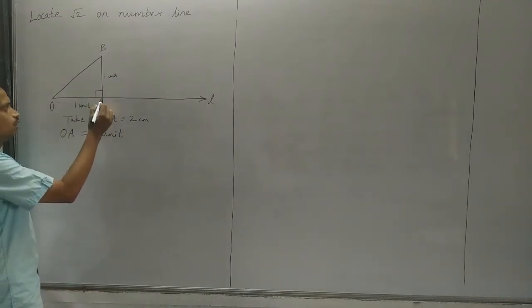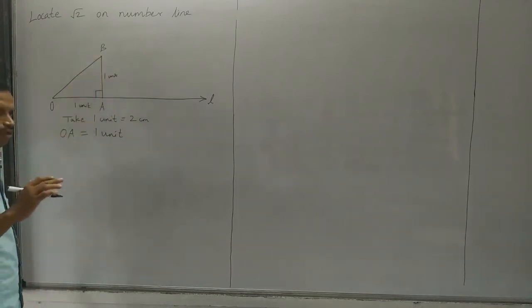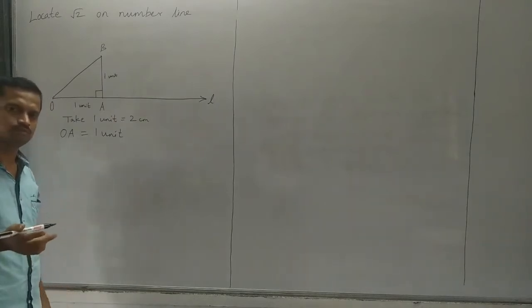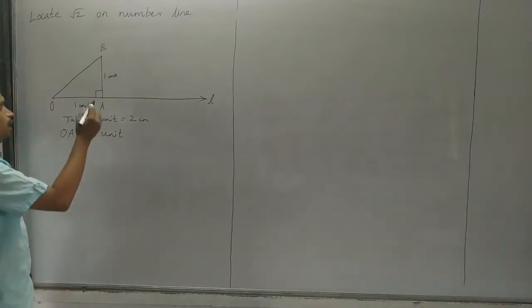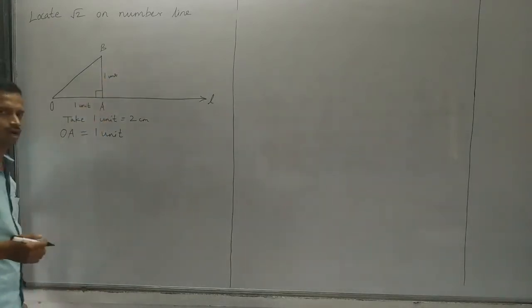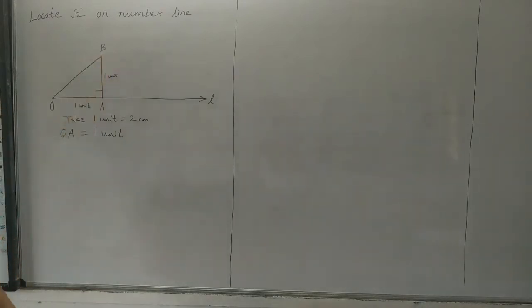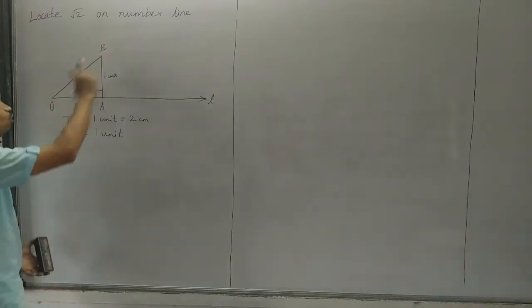At A, draw a perpendicular. You can use either the compass method by drawing an arc, or using a protractor you can draw 90 degrees. And AB you have to mark 1 unit by taking radius 1 unit, and you draw an arc and you mark it B, and join OB.